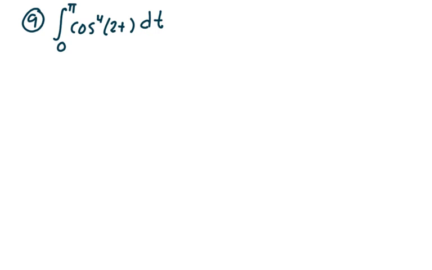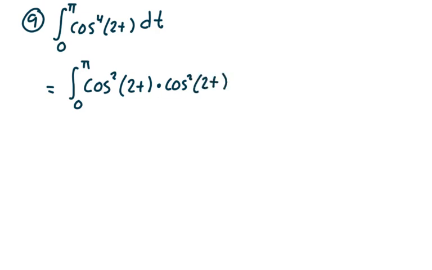Okay? Now, the power of the cosine is even. So what I'm going to do is I'm going to write this as the integral from 0 to pi of cosine squared of 2t times cosine squared of 2t dt. Okay?